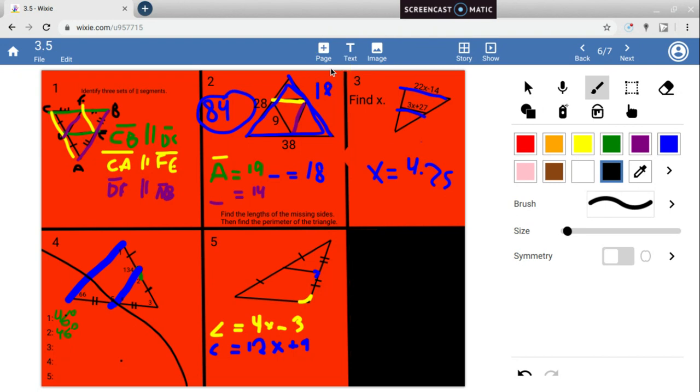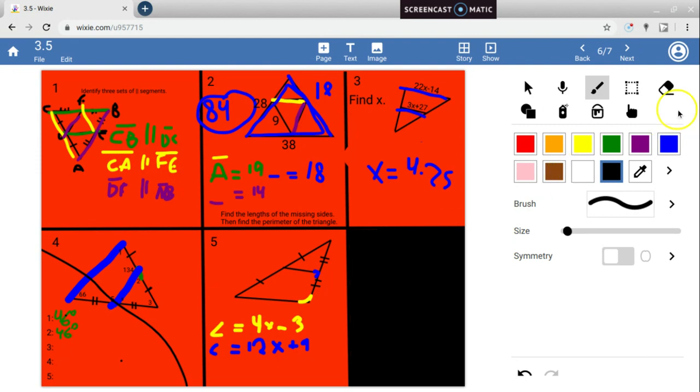Okay, number 5. Sorry about that. Number 5, we find out that the yellow angle is 4x minus 3, and the blue angle is 12x plus 9. And they are consecutive interior angles.